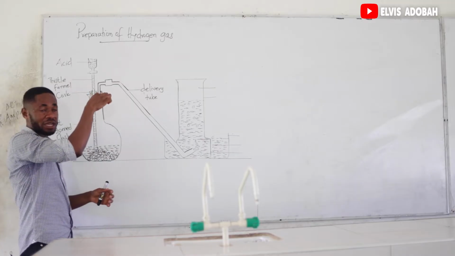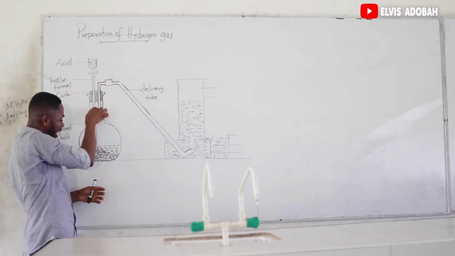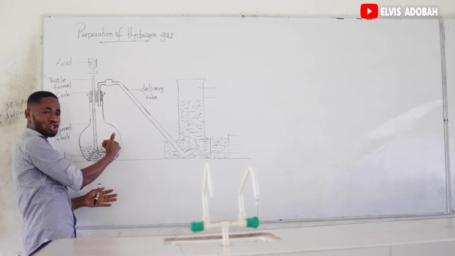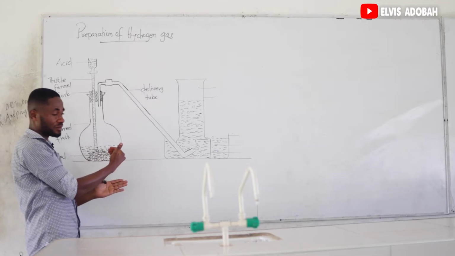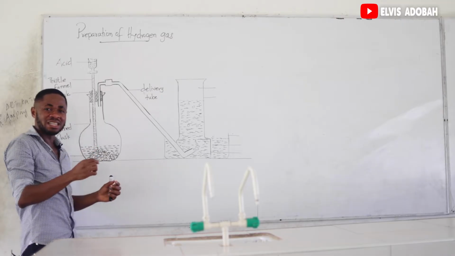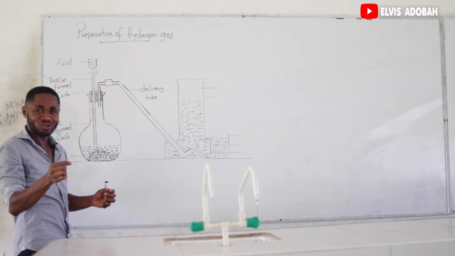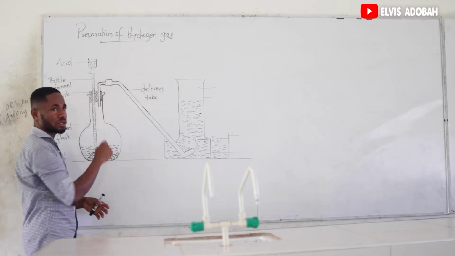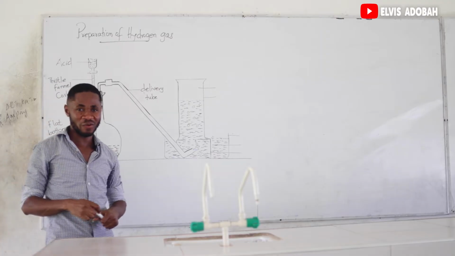We try as much as we can to bring our thistle funnel down, such that when we pour the acid into the flat bottom flask, this thistle funnel will get partly immersed in the acid, so that none of the gases will be able to escape through the thistle funnel.